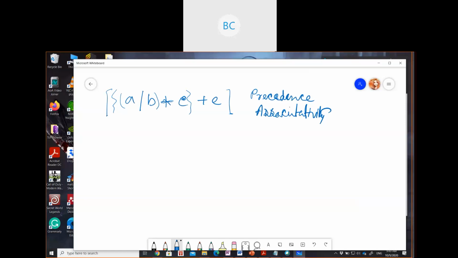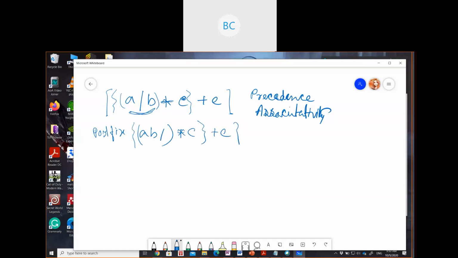To convert into postfix, we first do this one: AB minus divide, then this will remain the same. You just go step by step.